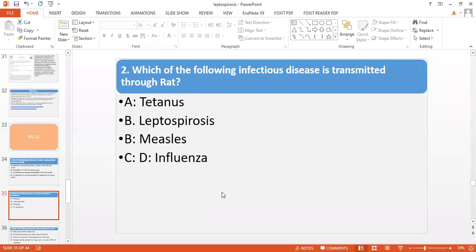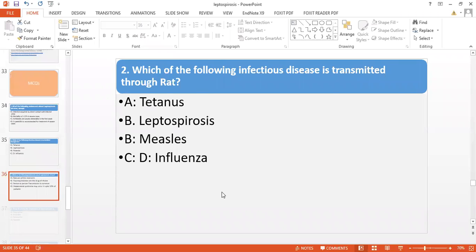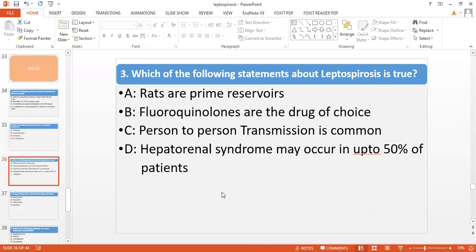Which of the following infectious diseases is transmitted through rats? Leptospirosis. That's self-explanatory. None of the other diseases mentioned here is transmitted through rats. Which of the following statements about leptospirosis is true?